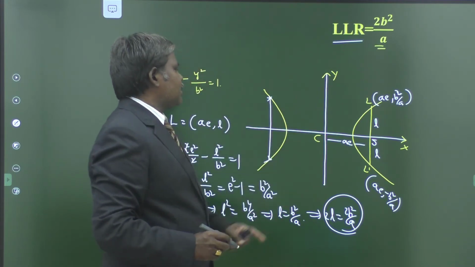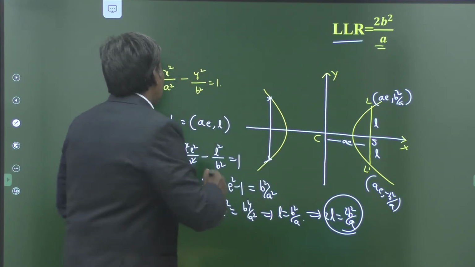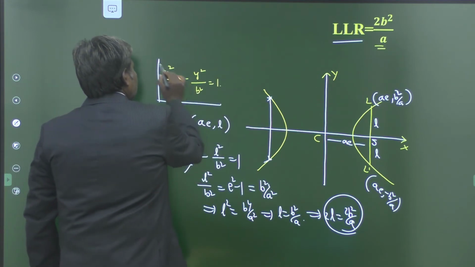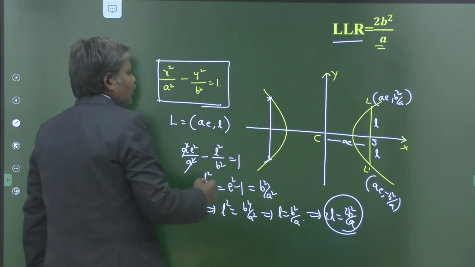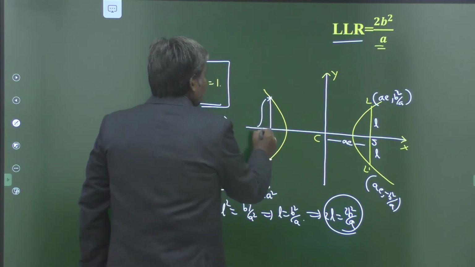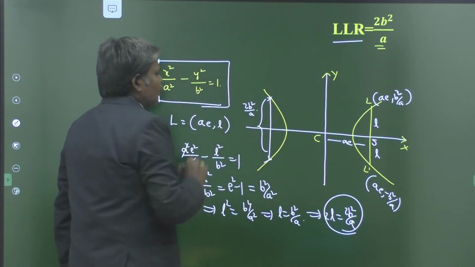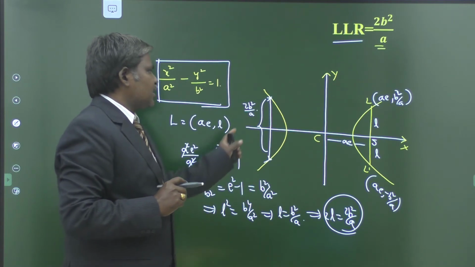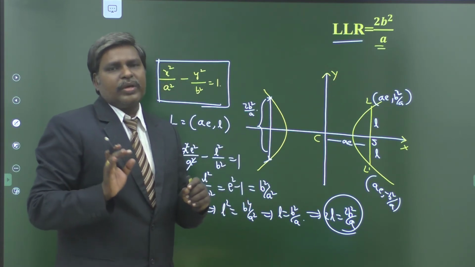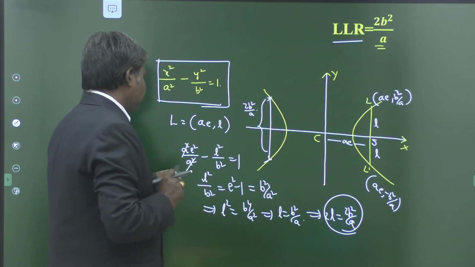There exist two latus rectums for the hyperbola x square by a square minus y square by b square equal to 1. Curve is symmetric, therefore its length is also 2b square by a. So this is the property. Length of the latus rectum of the hyperbola is 2b square by a. Okay.